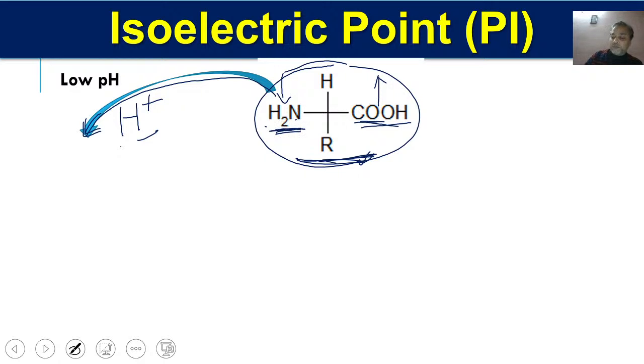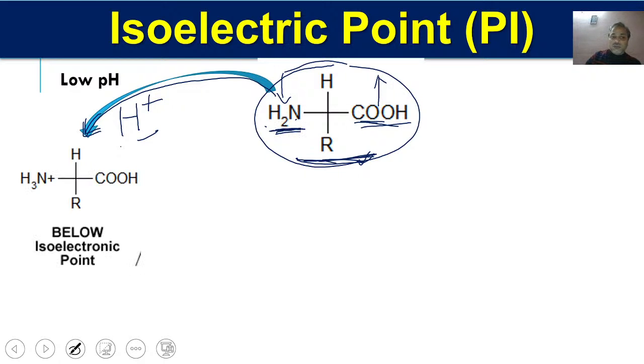The amino group has the power to accept H, so it will take that extra H from the medium and become NH3 plus. Whenever you take amino acid to acidic pH, the amino acid will be positively charged. It will have positive charge on its surface, as you can see here. So at lower pH, amino acid will be positively charged.